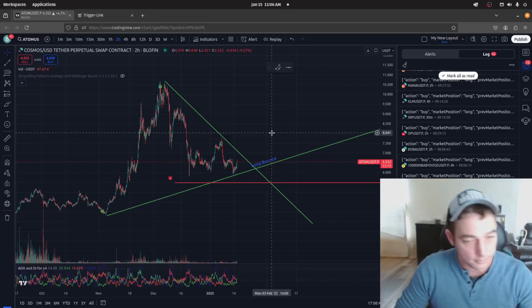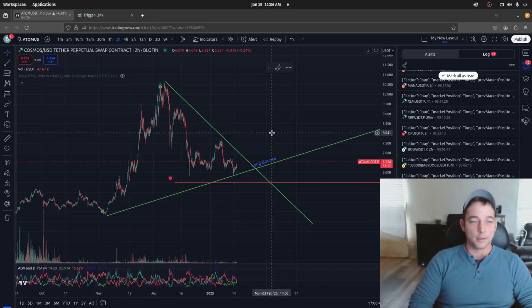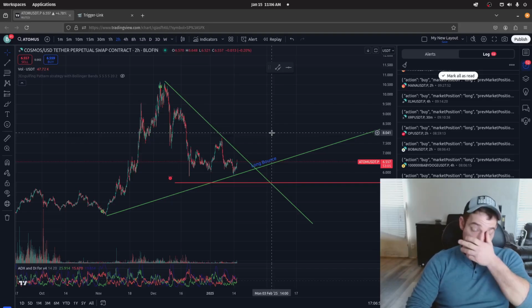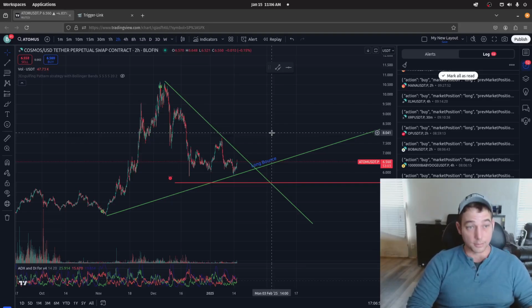Since my system involves short-term trading, I'm not really as concerned about the utility of something. If I'm going to buy something for a spot bag, I'm probably going to buy something that has utility and stick it away and forget about it. And truthfully, for most people, that's the best way to trade.